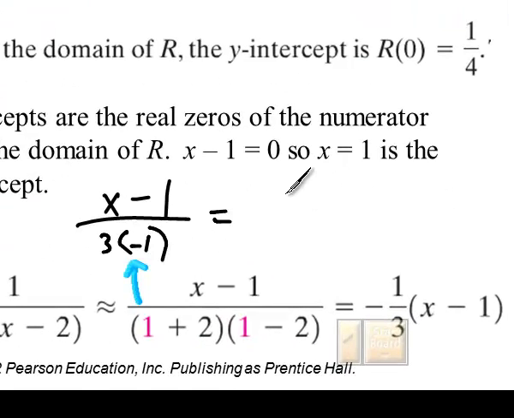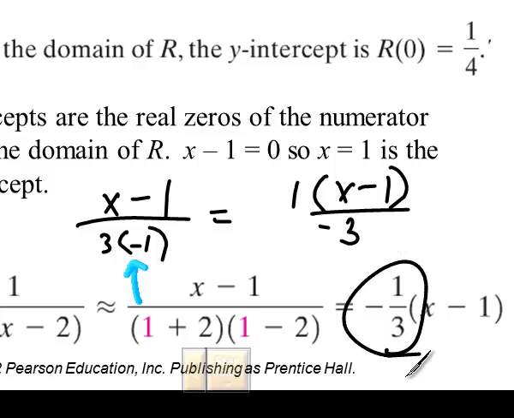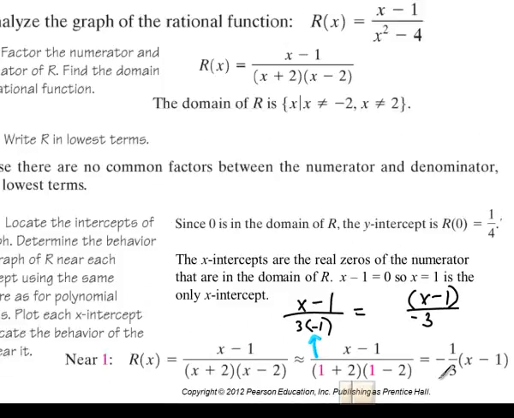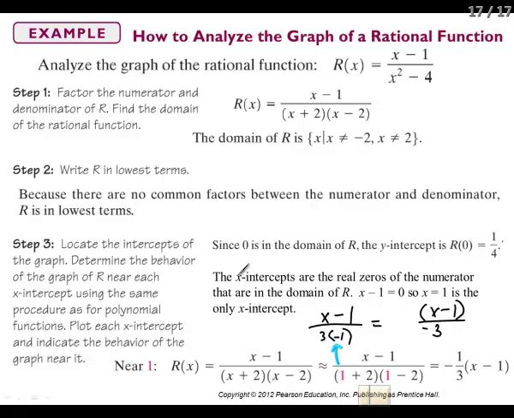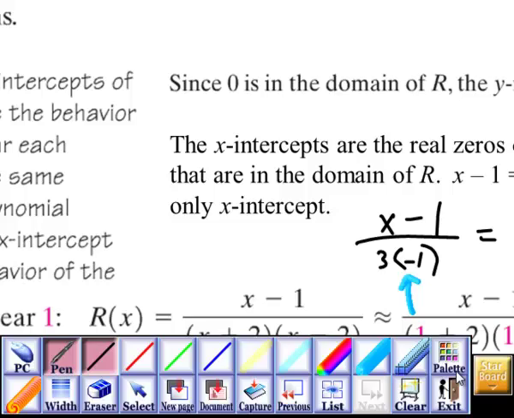That's the same as 1 times x minus 1 over negative 3, and that's where the negative 1/3 comes in. Because the negative 3 is in the denominator, that makes it negative 1/3, and you don't need the 1 here. Okay, and so that's your equation. So it's going to have a negative slope going through that point: the graph is sloping negative as it passes through the x-axis at (1, 0). That's what that means there.